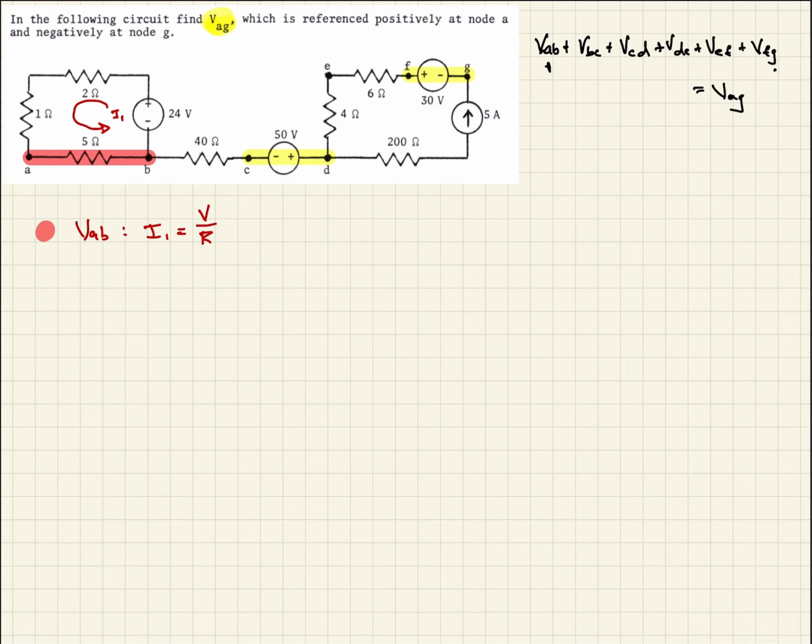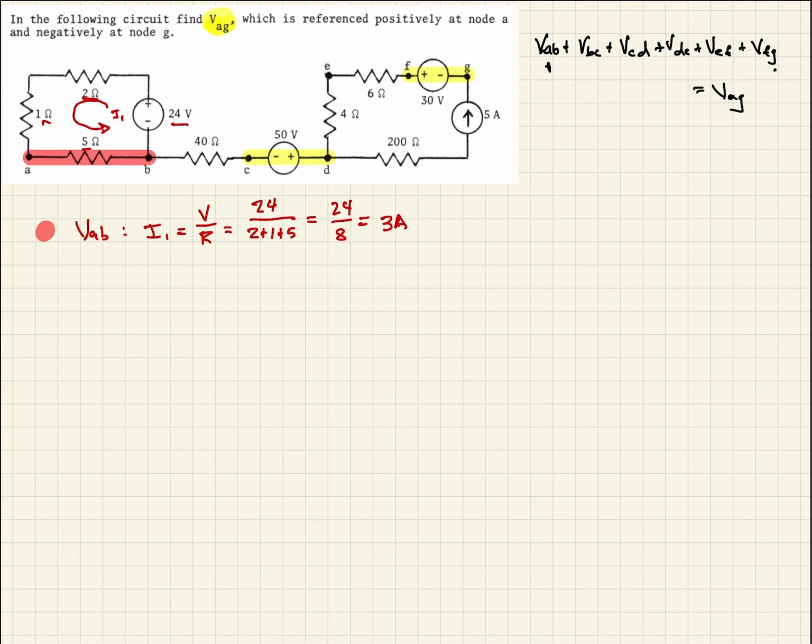The only voltage we see is this voltage source, 24 volts, and then we have 3 resistors, 2, 1, and 5. So it'll be 2 plus 1 plus 5, and so that's 24 over 8, which gives us 3 amps.